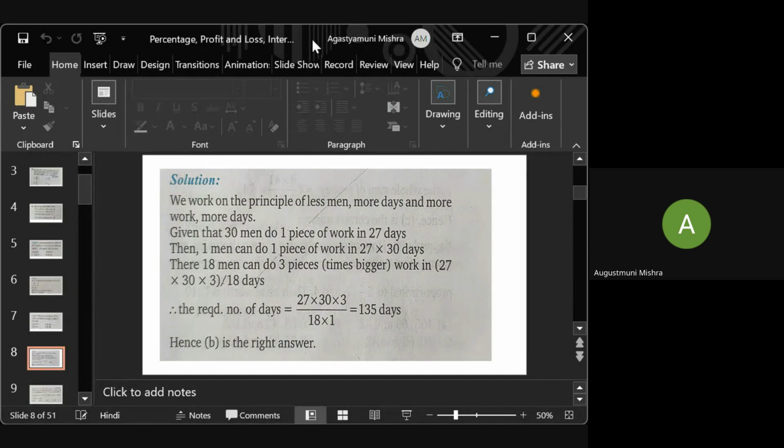Solving a question depends on the particular person, on the basis of their formulas and tricks, they can solve the question within seconds sometimes. But for continuously solving this kind of problems, you have to keep solving this kind of question. So I hope that is clear to everyone. I'm changing the slide, moving to another question.